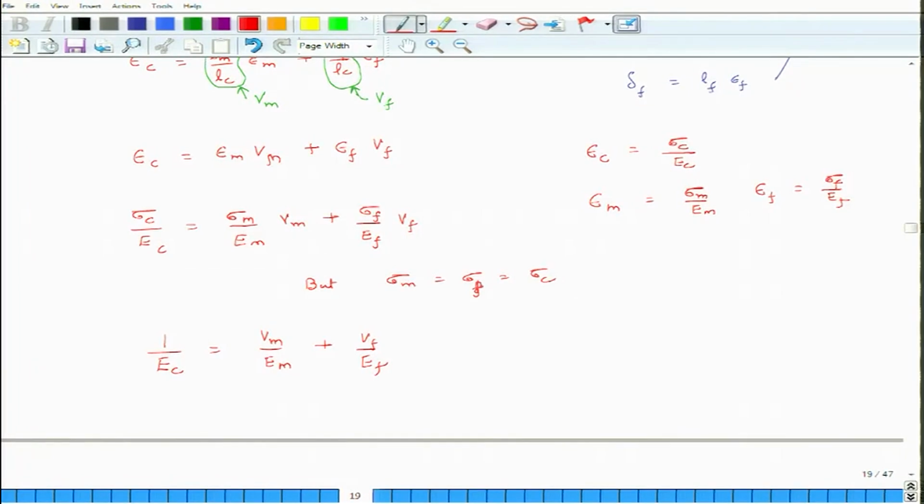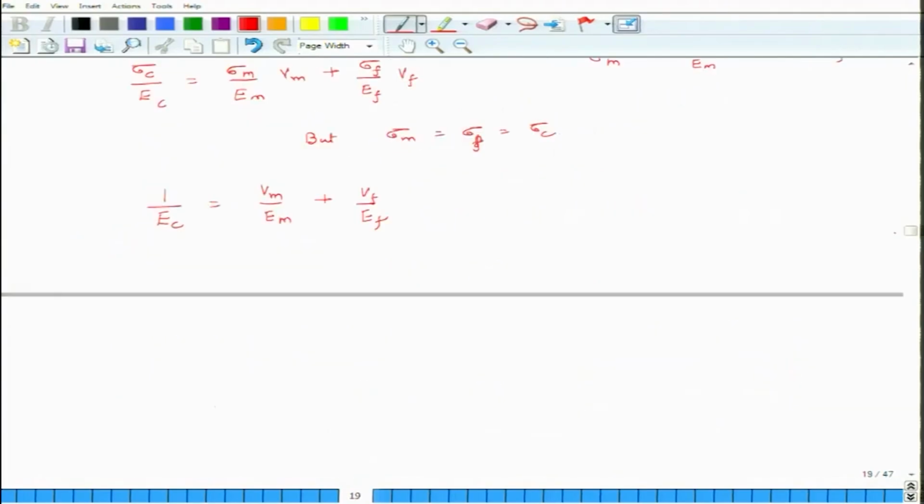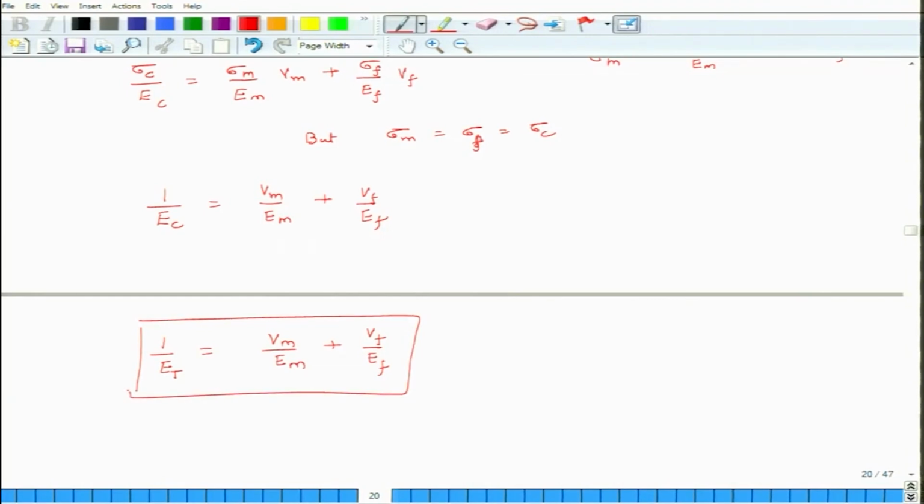Now, Ec is the Young's modulus of the composite in the transverse direction. So, I will not use Ec, but I will use the term Et, because that tells us the direction. So, I will say that 1 over Et is equal to Vm over Em plus Vf over Ef. This is my relation for the transverse modulus.